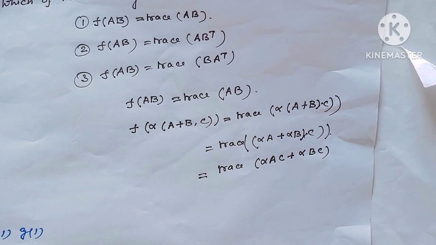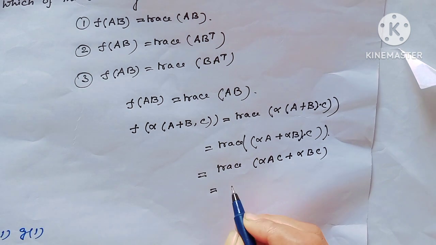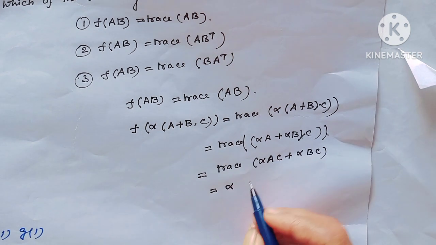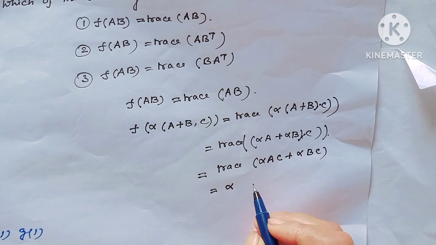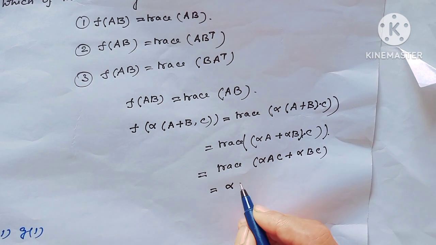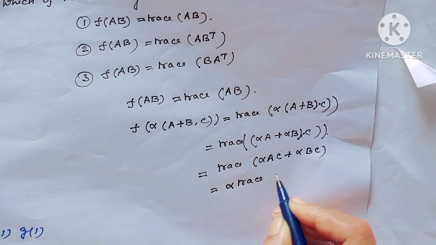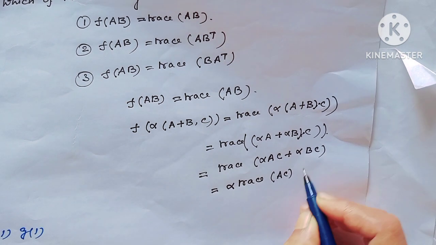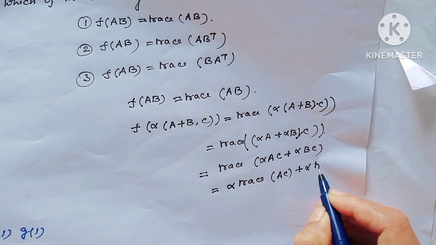Since alpha is a scalar, and we all know trace of A plus B equals trace of A plus trace of B, we can write this as alpha times trace of AC plus trace of BC.